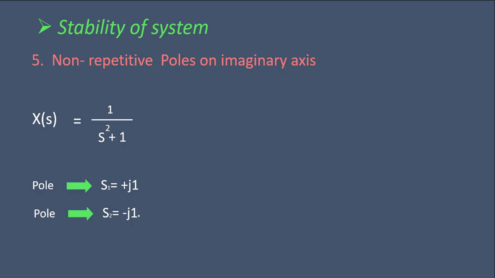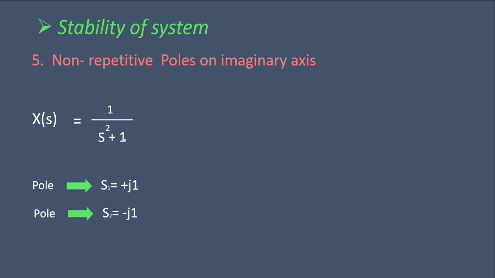Now a few students must be having the doubt how we got the value of poles as plus minus j1. In this lecture, I am not finding the poles of the transfer function. Once we finish the significance of the poles in control system, we will solve some good previous year GATE and engineering services questions.